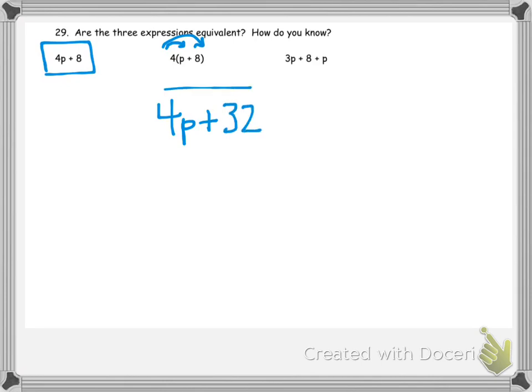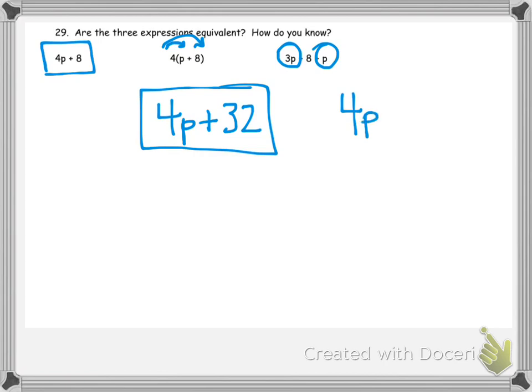And right away I can see that they're not the same. So 4p plus 8 is not the same as 4p plus 32. And then over here I could take this 3p plus 1p, that's 4p. I can add those together because they're on the same team. And then plus 8. The first and the third are the same, but the second one is not the same. So all 3 expressions are not equivalent, and I know by using the distributive property.